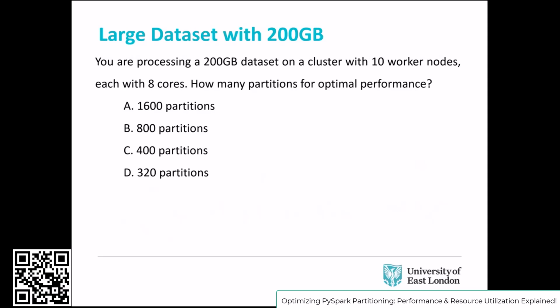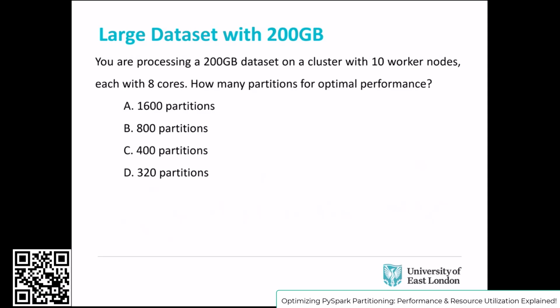So, right? You can go ahead with the baseline, which means minimum 2, maximum 4 partitions per core. It means if you have 10 worker nodes, each with 8 cores, now we have 80 cores.